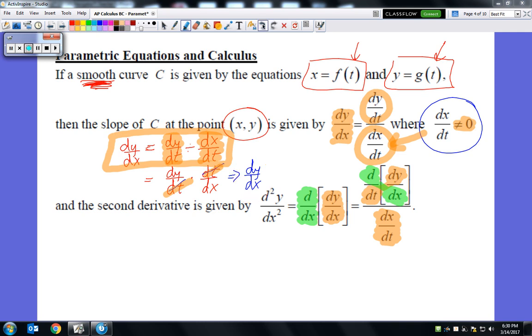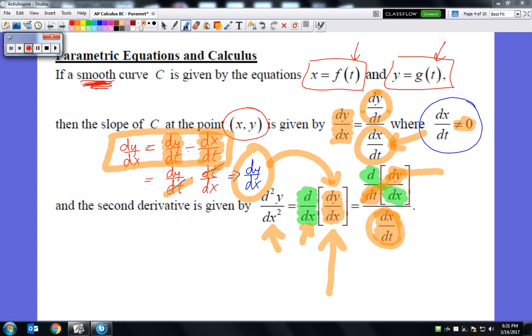Okay, so now let's look at the second derivative. The second derivative is a little bit tricky. It's basically taking, with respect to x, the derivative of what you got from over here, meaning the first derivative. Right here, where I have dy/dx highlighted in orange, remember from our first derivative rule highlighted up top, we know that dy/dx is equal to dy/dt, which is what I highlighted right here, over dx/dt.